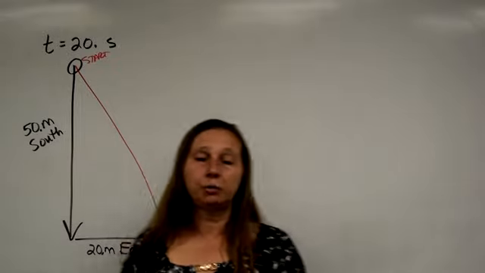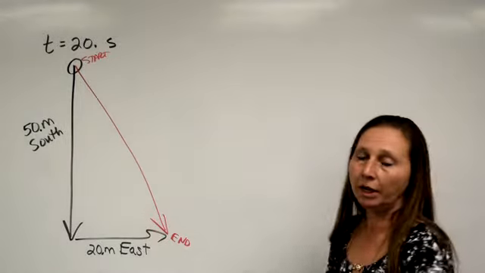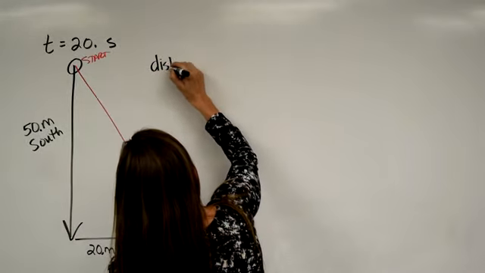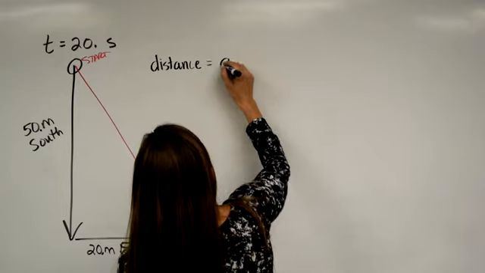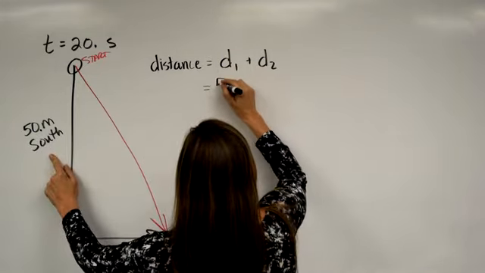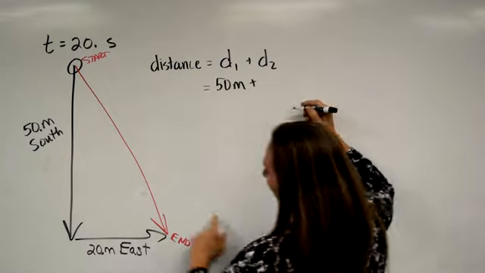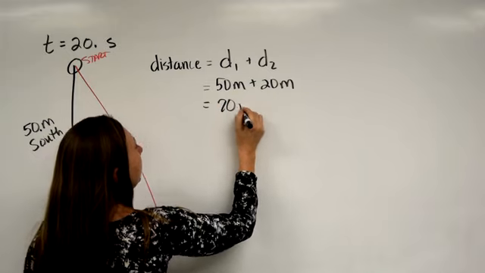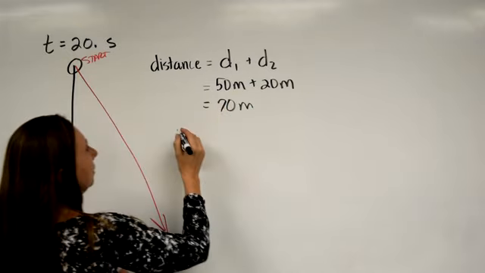If we want to know his speed, we first have to calculate the distance that he covered. His distance is d1 plus d2. That would be 50 meters plus 20 meters. The distance that he covered was 70 meters.